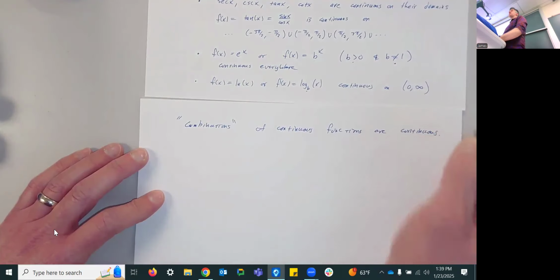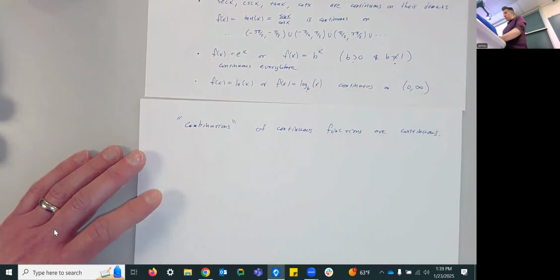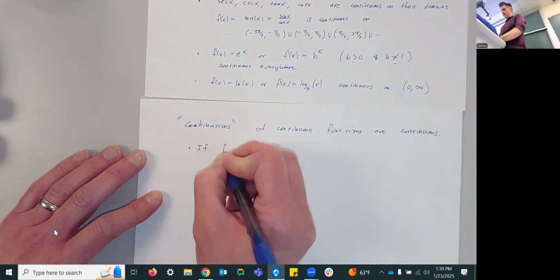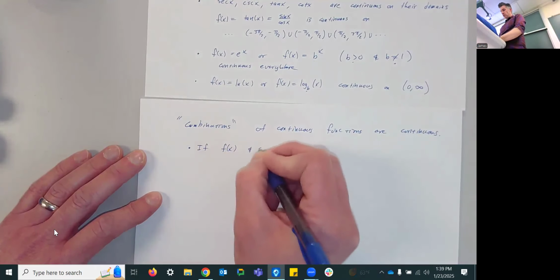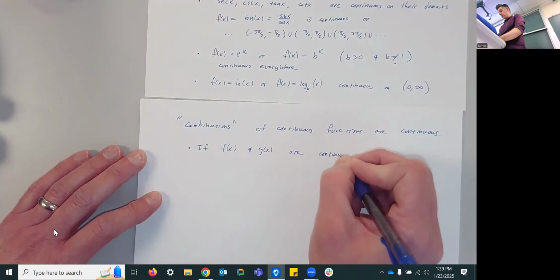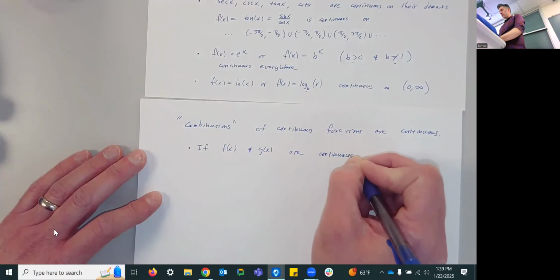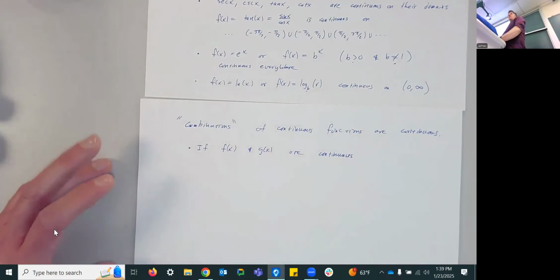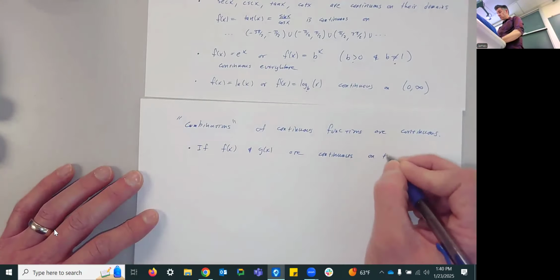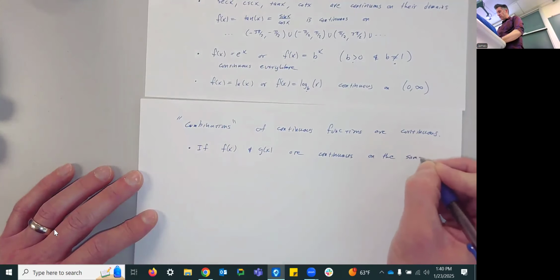When we say combinations, I'm thinking of the following kinds of things. More explicitly, if f of x and g of x are continuous, we could say either continuous everywhere or continuous on the same domain. I'm going to say the same domain because it's a little more specific.